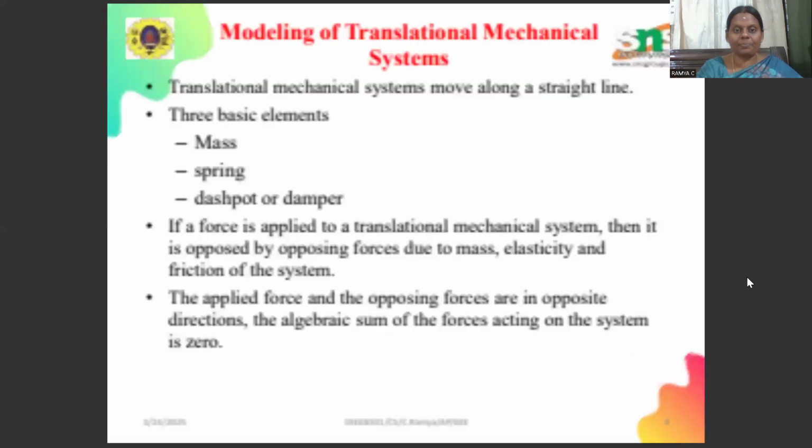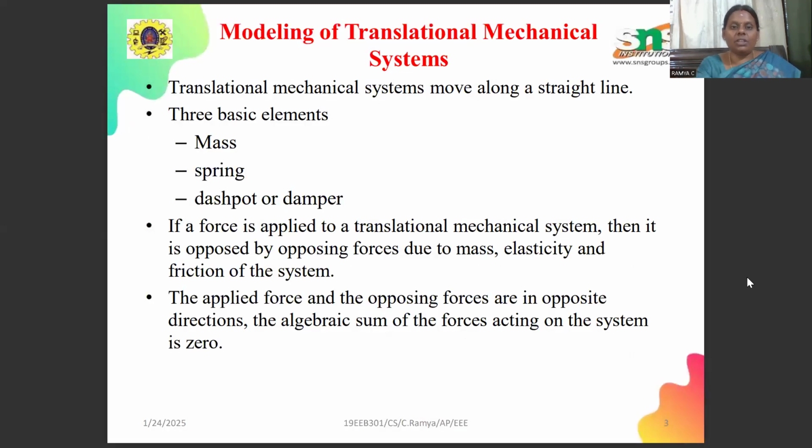First, we are going to see the mathematical modeling of the translational mechanical system. A translational mechanical system moves along a straight line. It has some basic elements, that is mass, spring, and dashpot or damper.